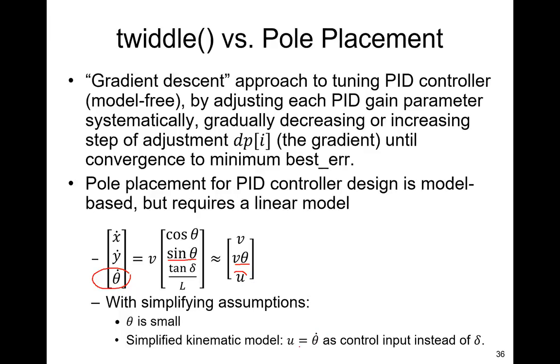So theta dot is u, the control input, instead of delta. So we are completely ignoring the bicycle model's steering angle variable. We are assuming that somehow we have a magical vehicle where we can directly control the heading, which is not realistic for a bicycle model, obviously, but it's a simplification.